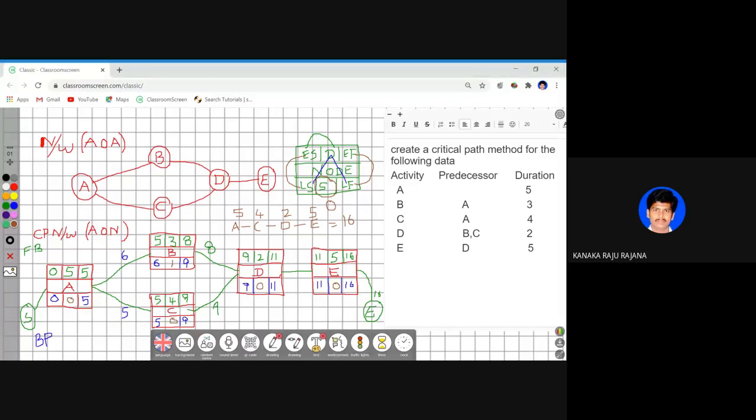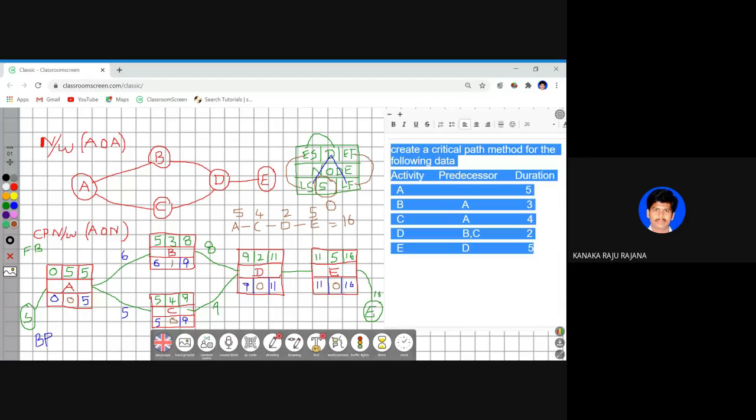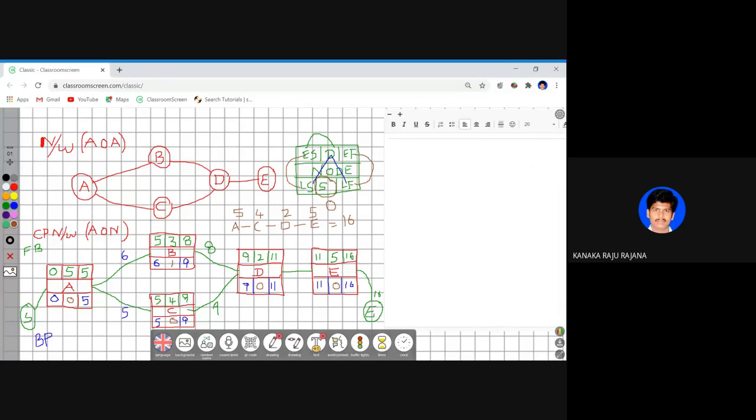Now see this. Now the question is here: a software project, and I need an answer from your side. Okay, this is the question which is asked in previous papers.